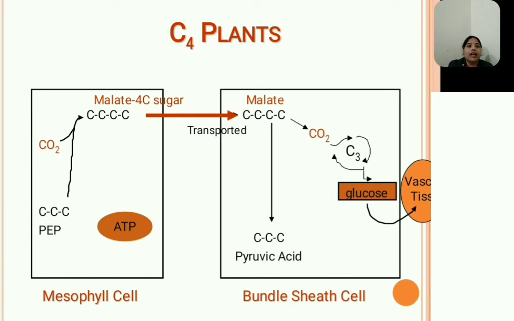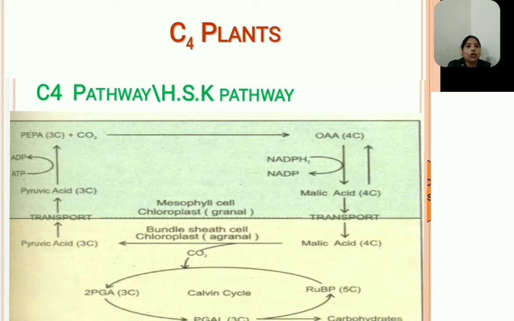The C4 pathway is completed in 2 steps at 2 different sites. The first step is in the mesophyll and the second step is in the bundle sheath cell.